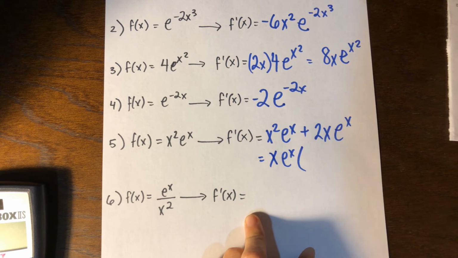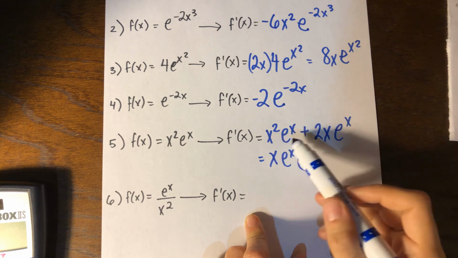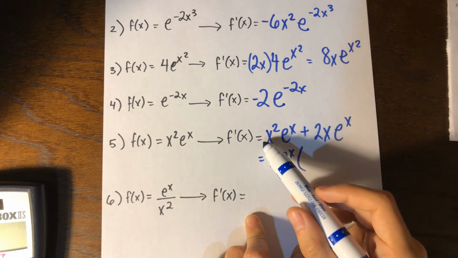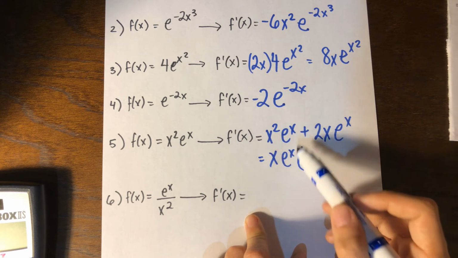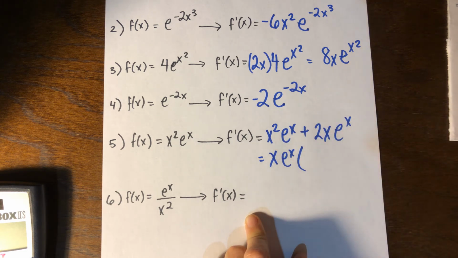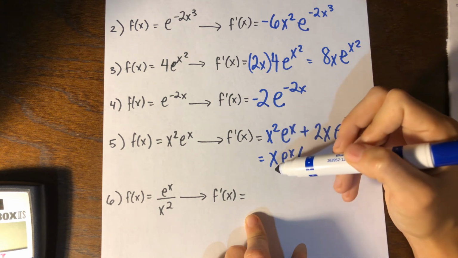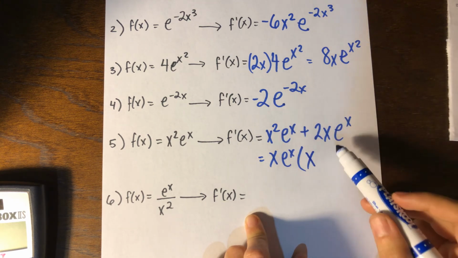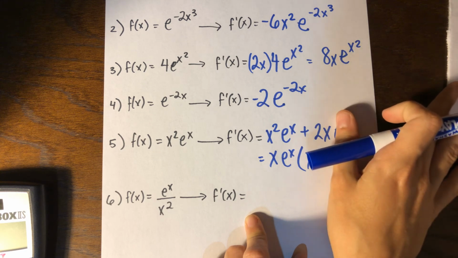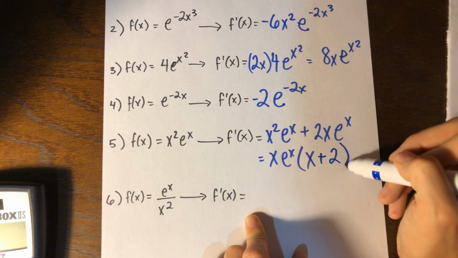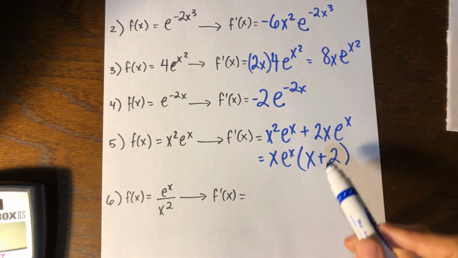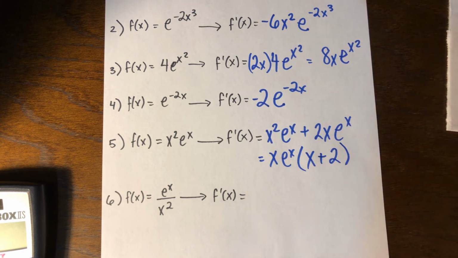So I have x times e to the x power, okay? From here, you're basically dividing. x squared times e to the x divided by x times e to the x, the e to the x cancels out. If I have x squared and I take 1 away, then I'm left with x. Over here, I lose the e to the x and I lose an x, so I'm just left with 2. Okay? Just like that. And if I was to distribute that back in, I would get this one right here.